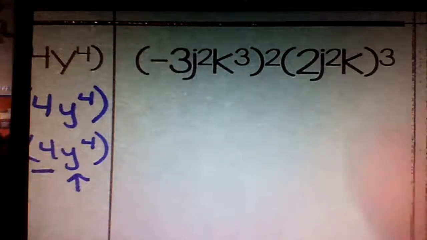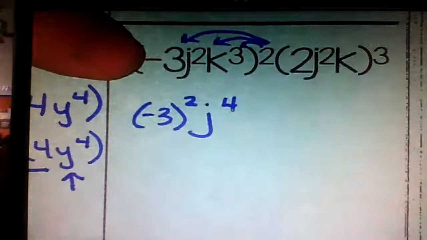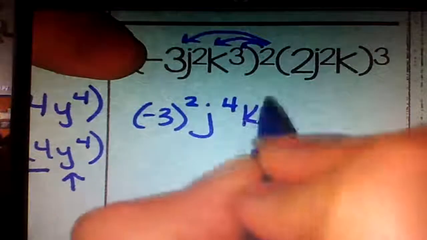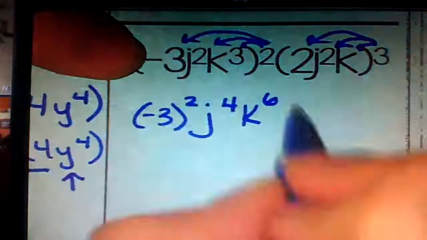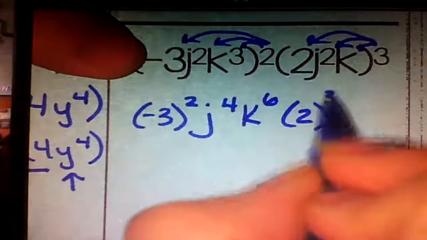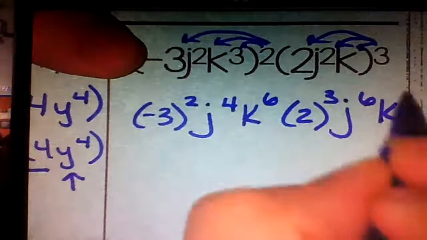So when I bring this 2 through to multiply against my exponents, this becomes -3 squared, j to the 4th, because 2 times 2 is 4, k to the 6th. Bring my 3 through. So this is 2 to the 3rd, j to the 6th, k to the 3rd.